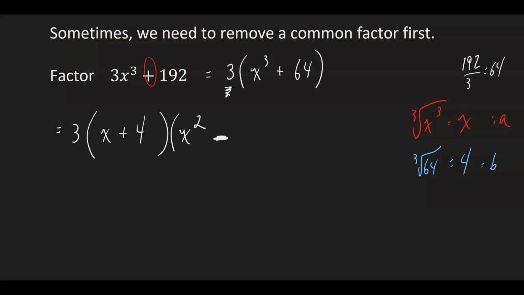Well, that's x times 4, so that's 4x, plus b squared, which is 4 squared, which is 16. Okay, we'll just put a quick little note that that's equal to 4 squared, so you can see where that came from. And that's factored.